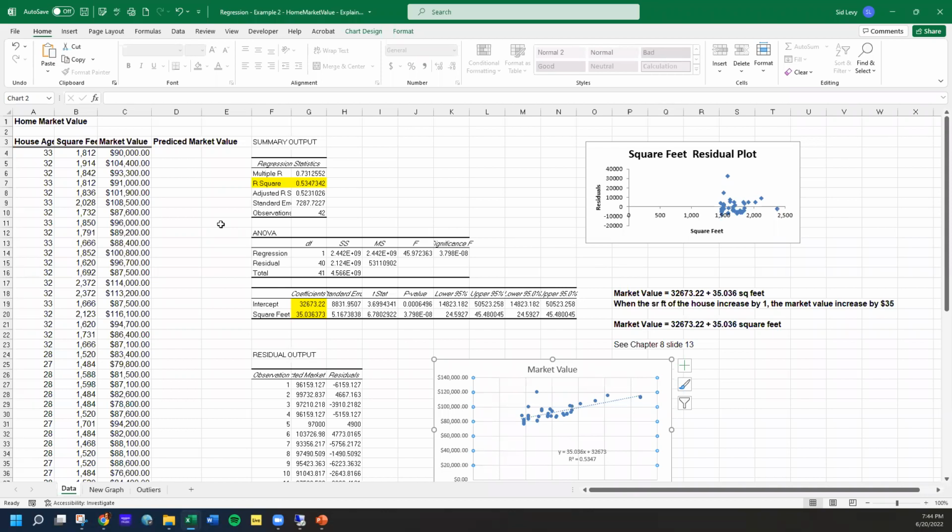Oh, example number 2. Yep, this is the one with the market value and square footage of homes. Our homework is basically based on this regression. Yeah, pretty much doing the same thing.